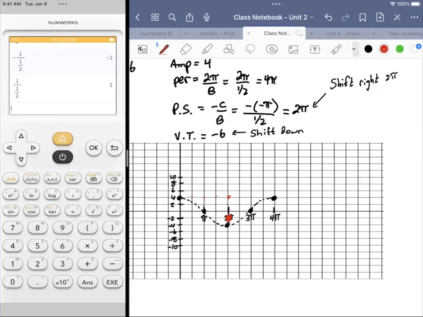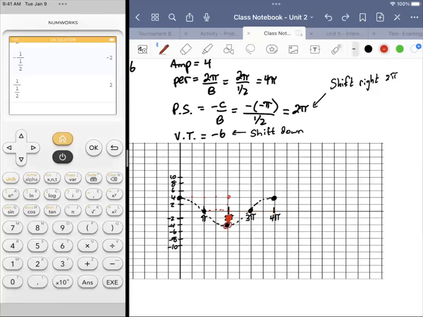Pi is going to shift over to 3 pi and then go down 3 boxes. 2 pi is going to shift over to 4 pi and go down 1, 2. Where am I? I lost my place. Oh, no, sorry. I told you these graphs get busy.